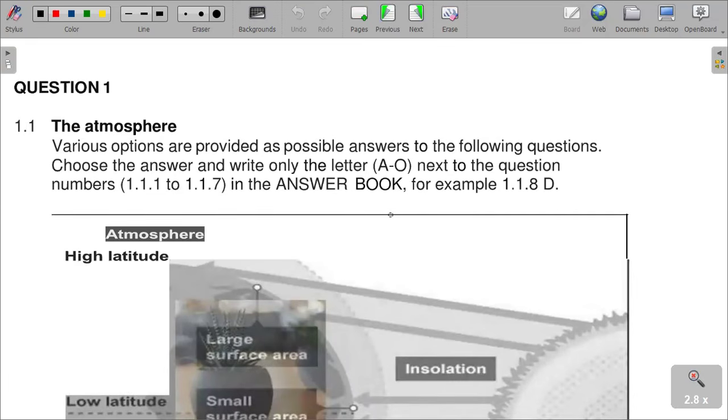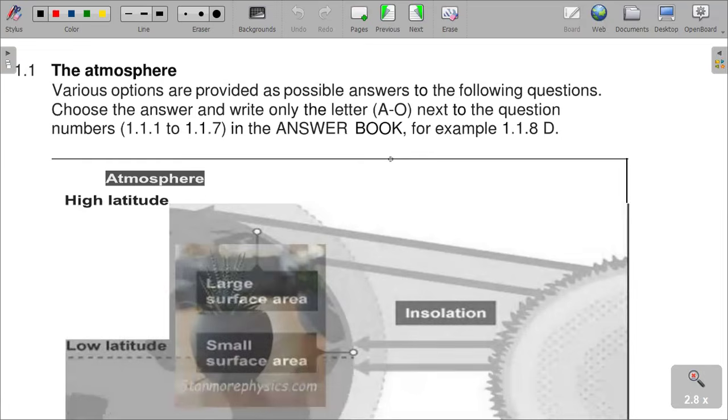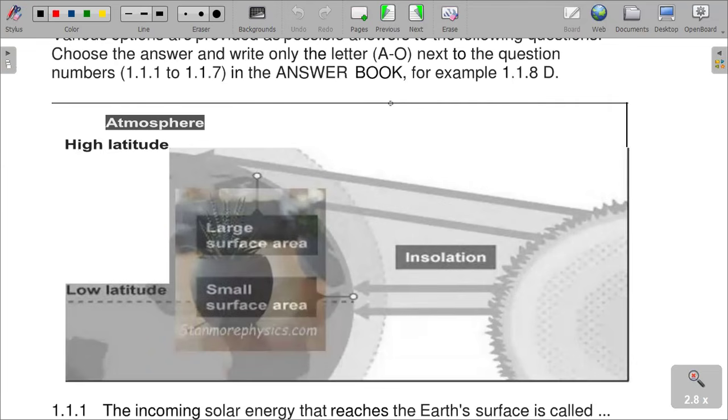Question 1 is about the atmosphere, and we are given various options to choose from. Here we are given the atmosphere, high altitude, low altitude, and the earth, and then we are given incoming solar radiation.